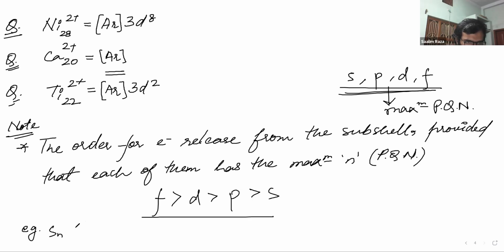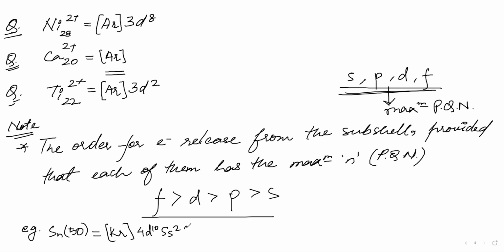The atomic number of Sn is 50. The electronic configuration will start from krypton, then 4d10, the subshell will be full, then 5s2, then 5p2.